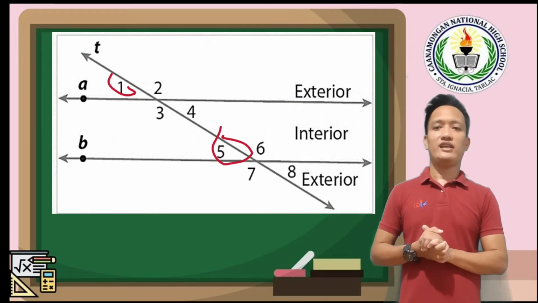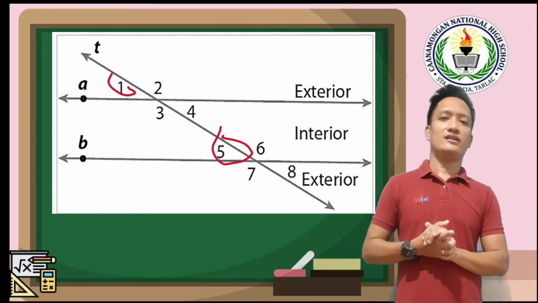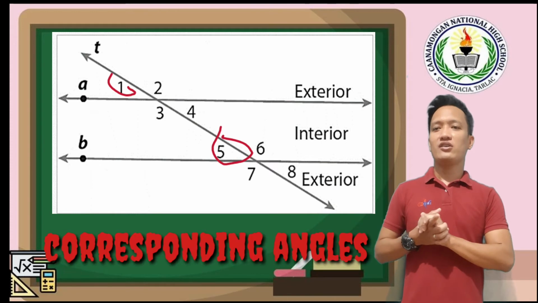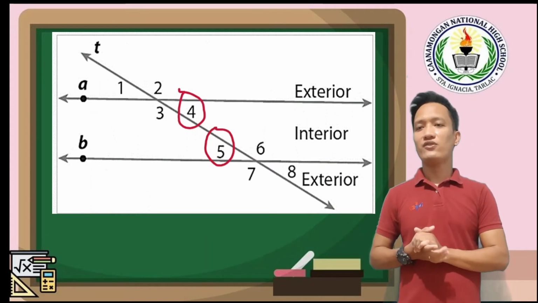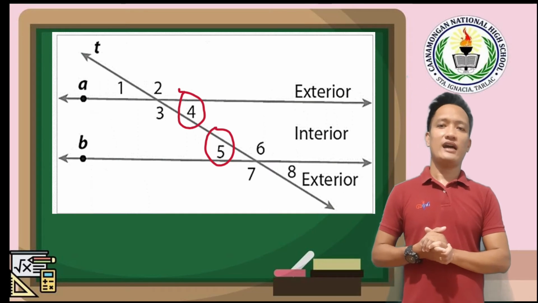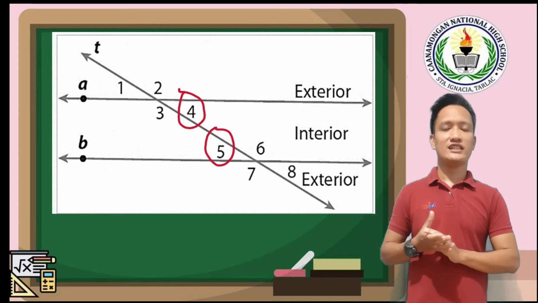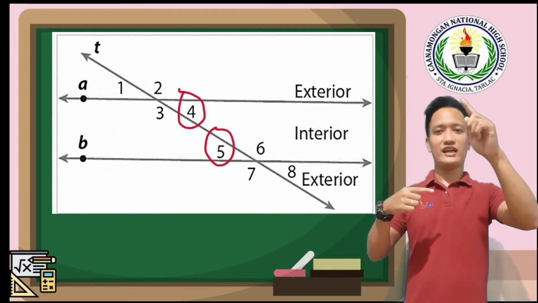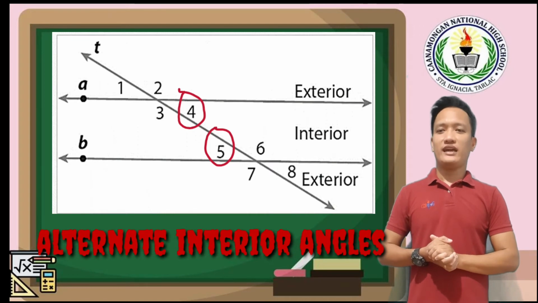So pag ganon, and they are on the same side, ang tawag doon ay what? Oh yes, they are corresponding angles. How about angle 4 and angle 5? So, yung angle 4 at angle 5 ay parehas na nasa loob at nasa opposite direction. So, they are alternate interior angles.